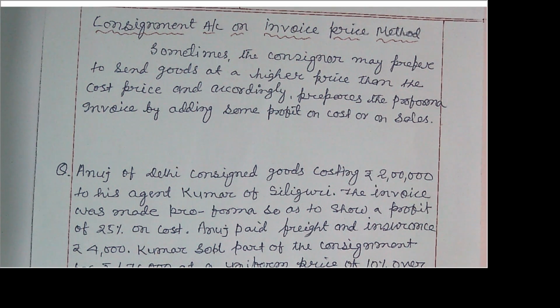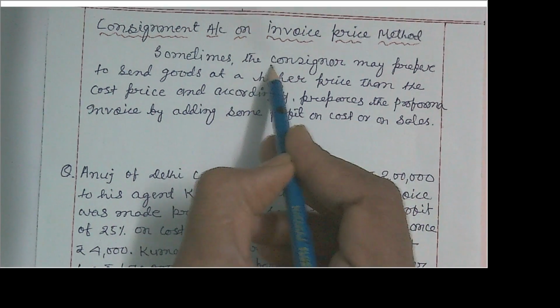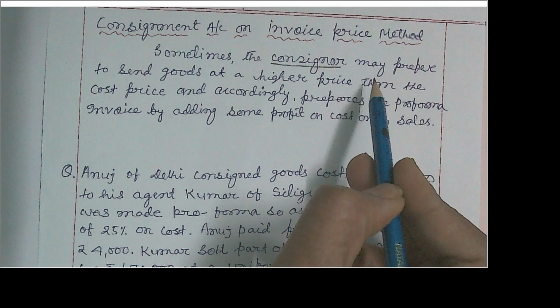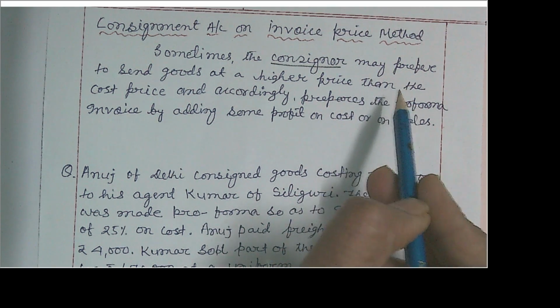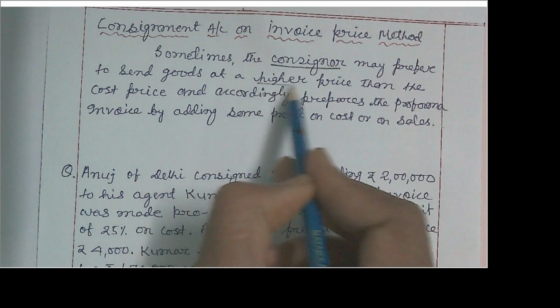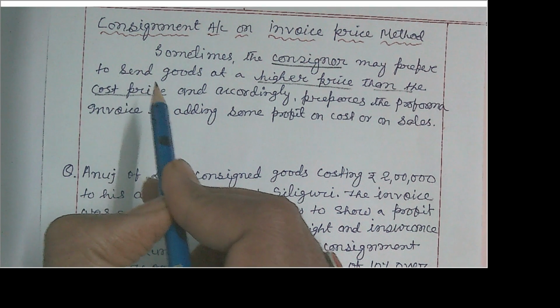So here it is saying that the consignor sends goods to the consignee by adding extra price, that is, a higher price than the cost price.